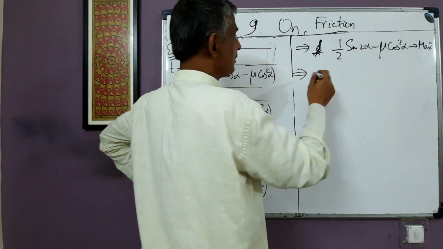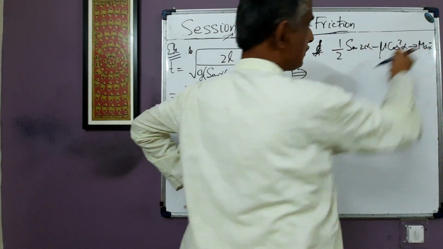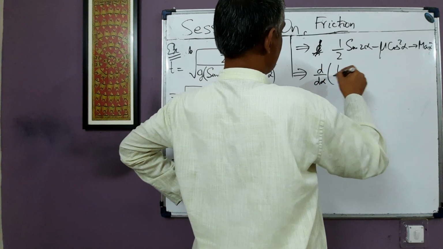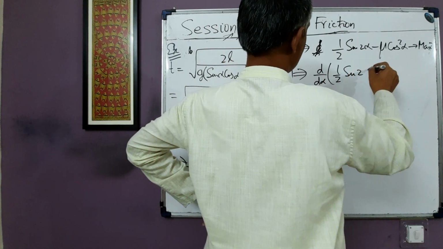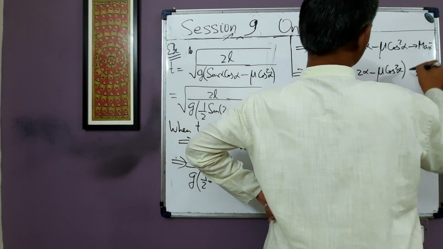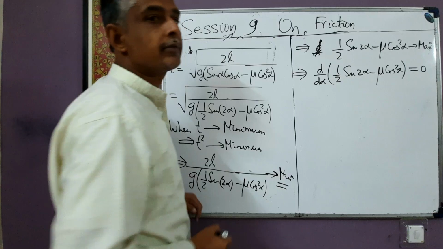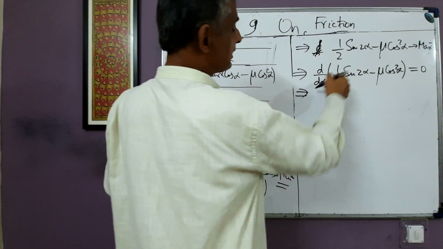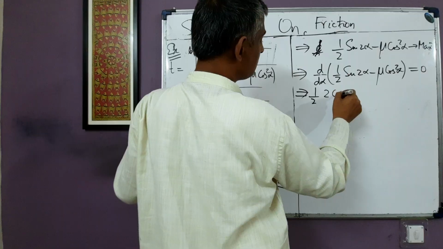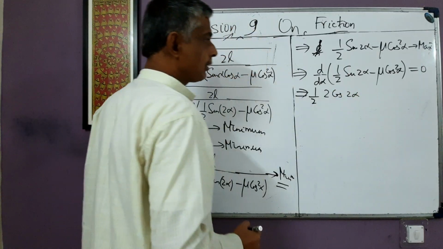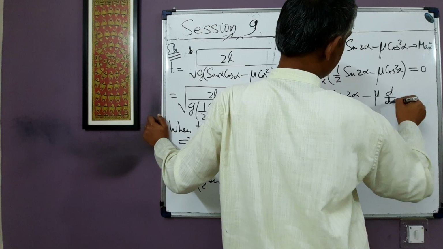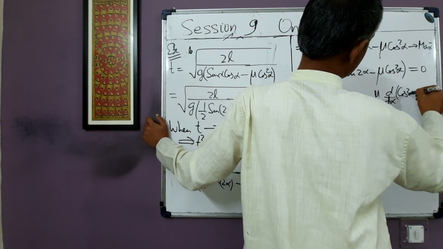This means the derivative of this quantity with respect to alpha is 0. d by d alpha of half sin 2 alpha minus mu cos square alpha is 0 by the rule of calculus. So I differentiate it: half comes outside, d by d alpha of sin 2 alpha becomes 2 cos 2 alpha, minus mu times d by d alpha of cos square alpha.